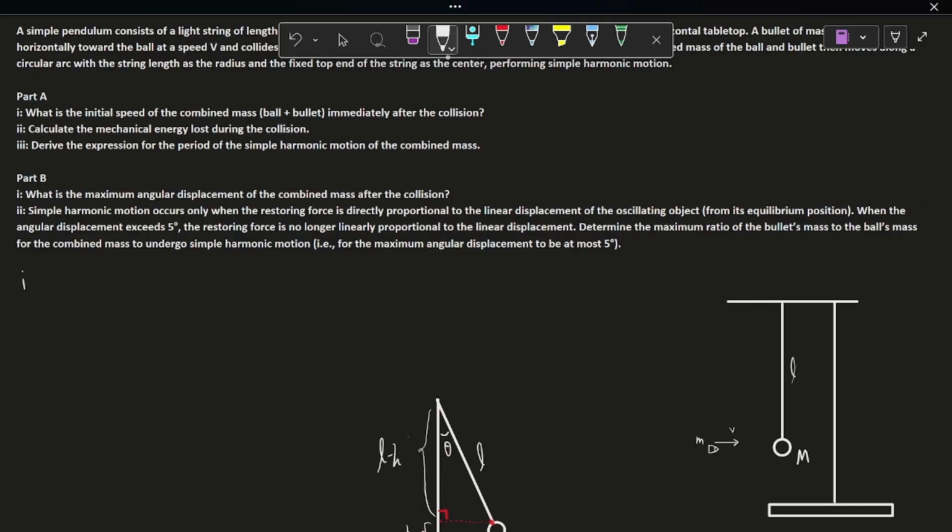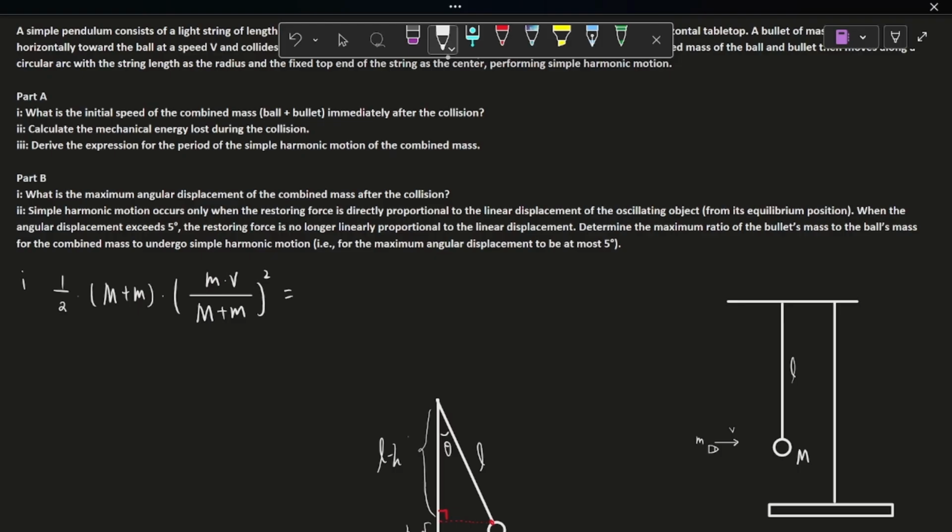So let's begin. First, we need to solve for h. Initially, it has a kinetic energy of 1/2 times the combined mass of big M plus small m times the new speed after the collision, which is little m times v over (big M plus small m), squared.